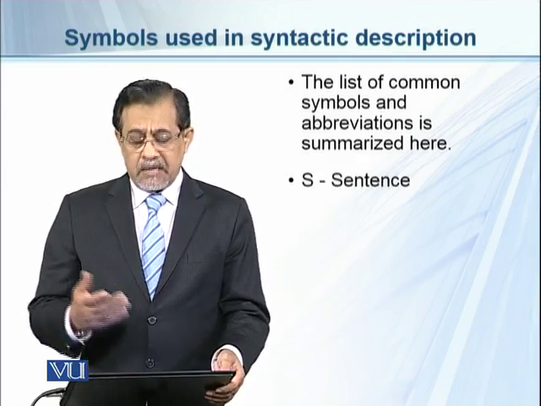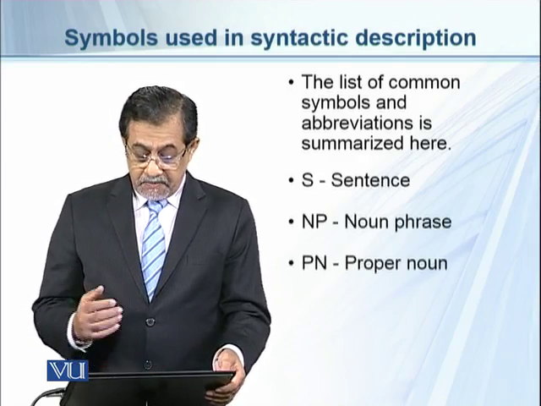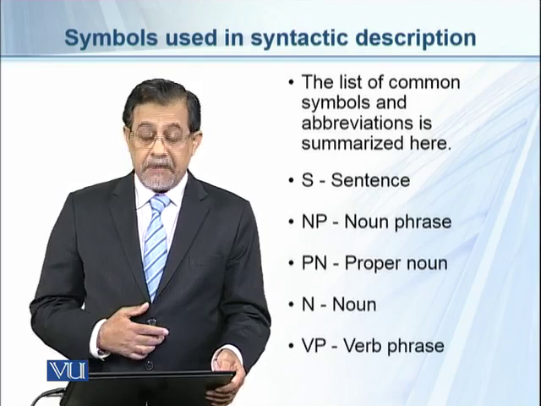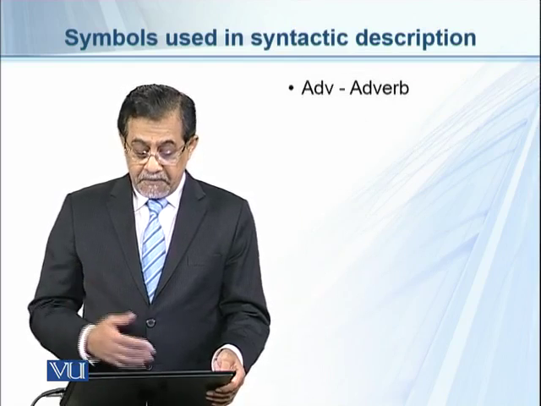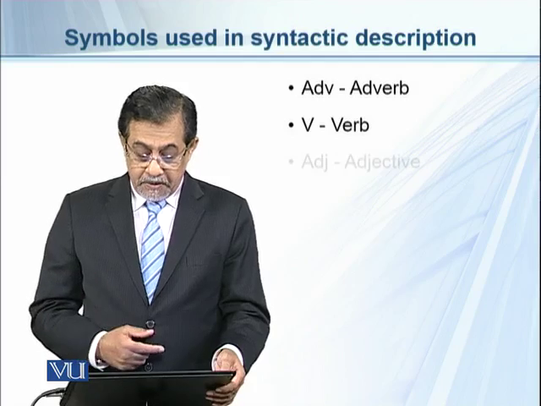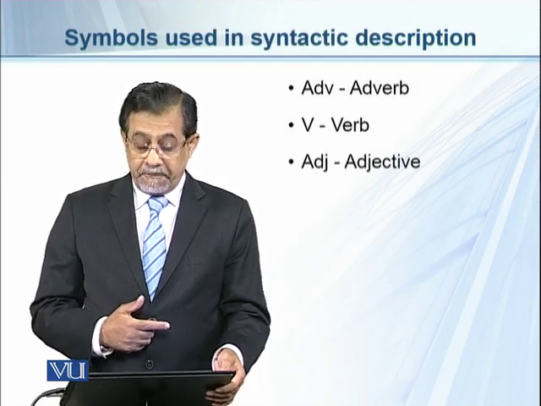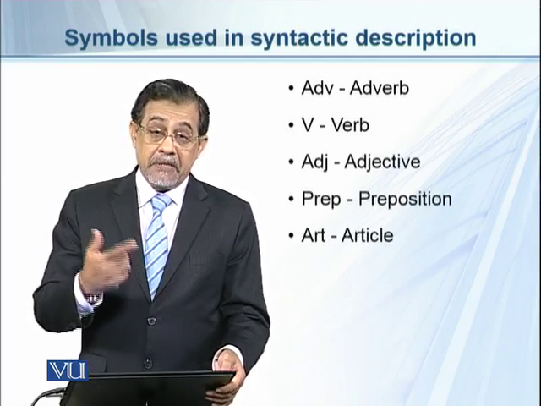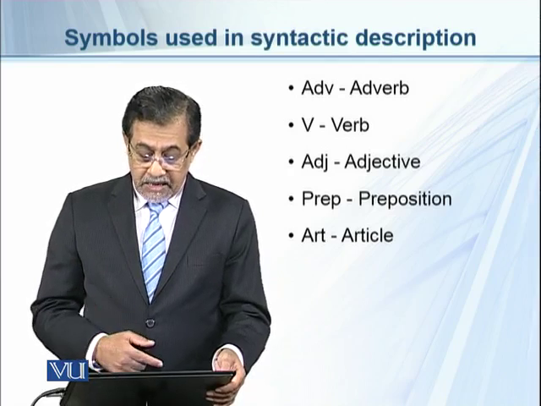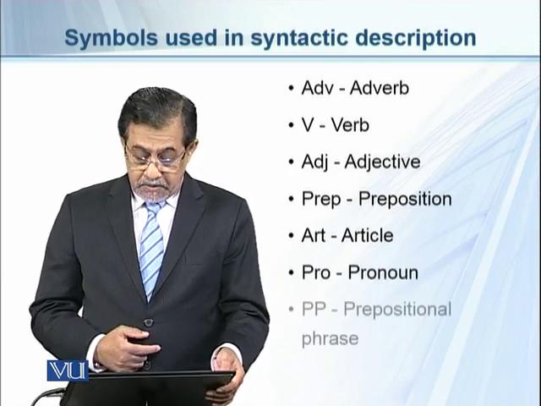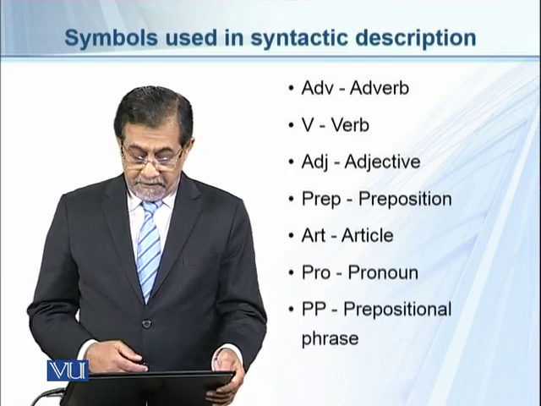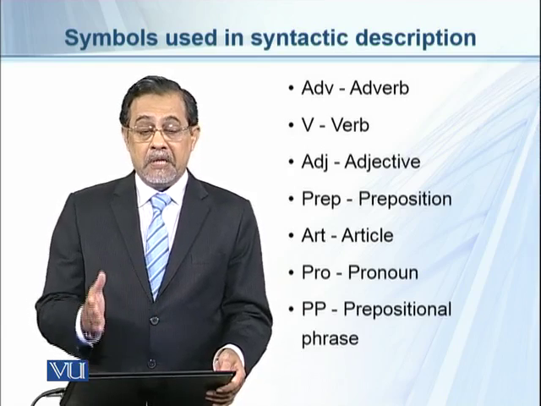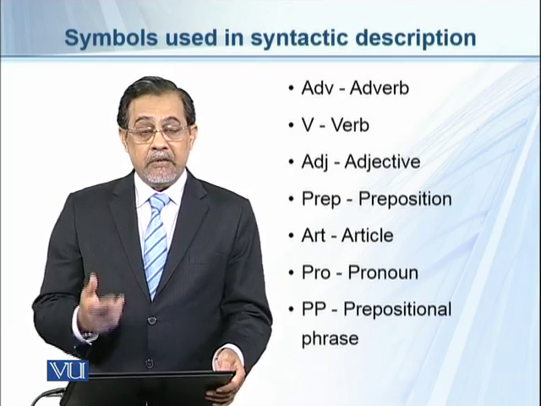S as a sentence, NP noun phrase, NP proper noun, N for noun, VP verb phrase, ADV for adverb, V for verb, ADJ for adjective, prep for preposition, or sometimes when we have a prepositional phrase then we use P, art for article, pro for pronoun, and PP for a prepositional phrase. So these are the abbreviations of the symbols that we use when we are discussing the syntactic categories of a sentence.